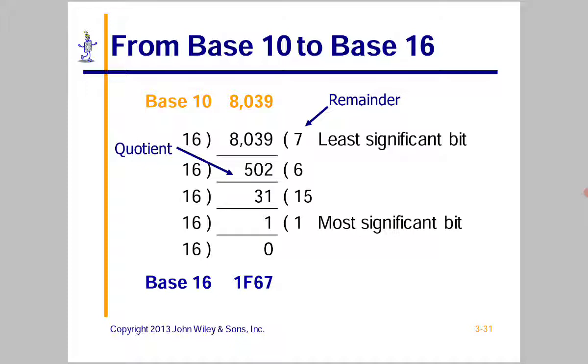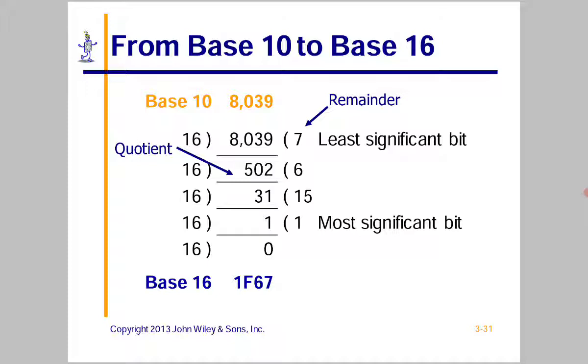The quotient is 502 and remainder is 7. Again take the quotient, 502, and divide the same number by 16. The quotient is 6 and remainder is 31. Like that, continue this process until the quotient reaches 0.